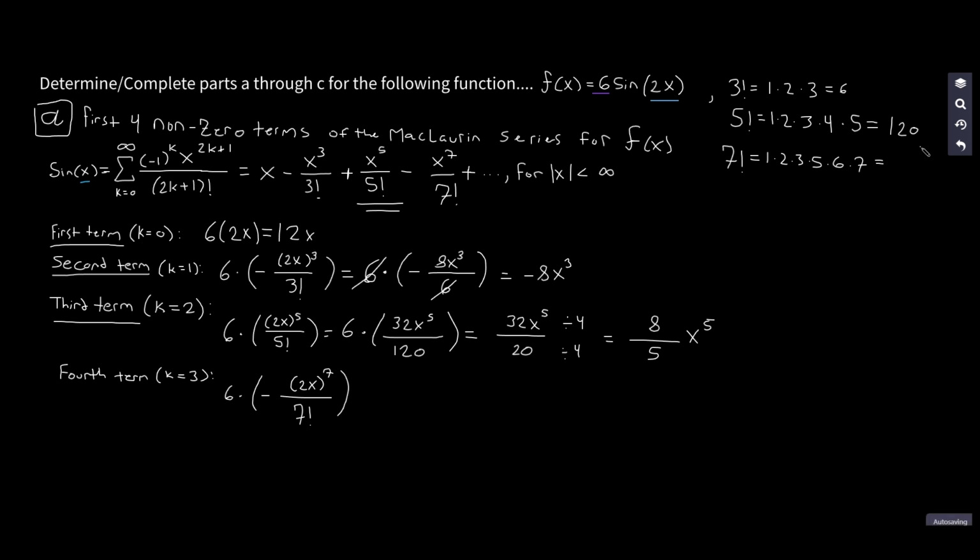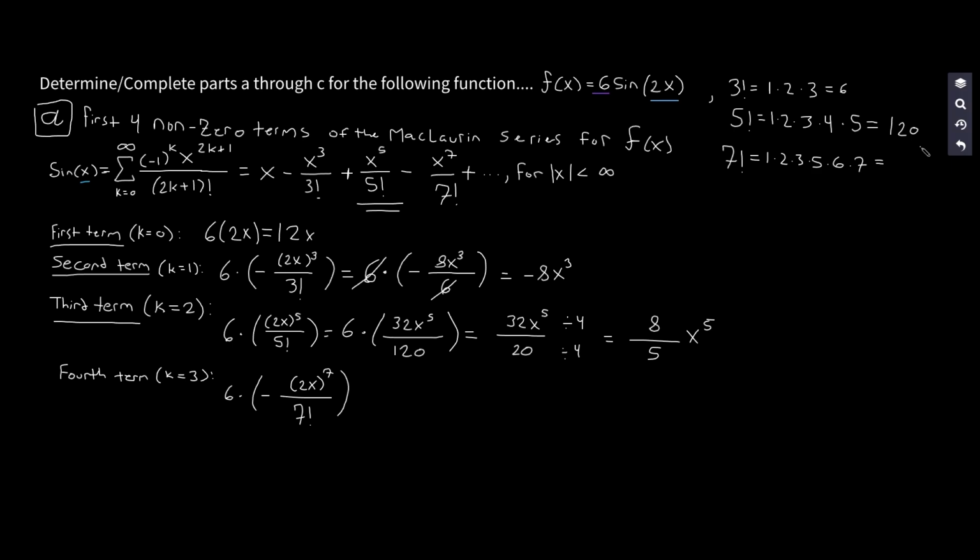So 120 times 6 is going to be what? Something's not right. Hold on, I just miscalculated something. 5 factorial is 120.